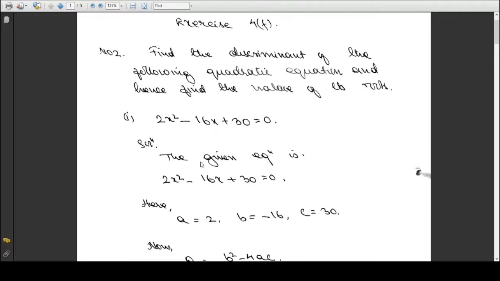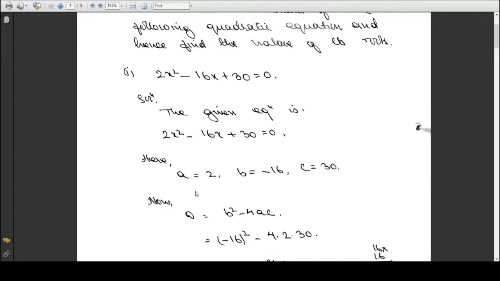Okay, the given equation here is 2x squared minus 16x plus 30 equals 0. Comparing this with the standard equation, A is the coefficient of x squared, which is 2, B is the coefficient of x, which is minus 16, and C is the constant, which is 30. Now using the formula for discriminant, B squared is minus 16 squared, minus 4 times A, which is 2, times C, which is 30.